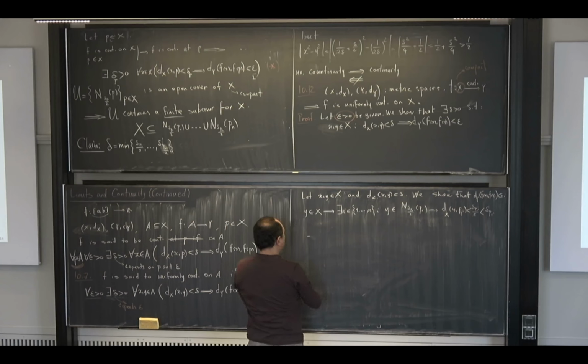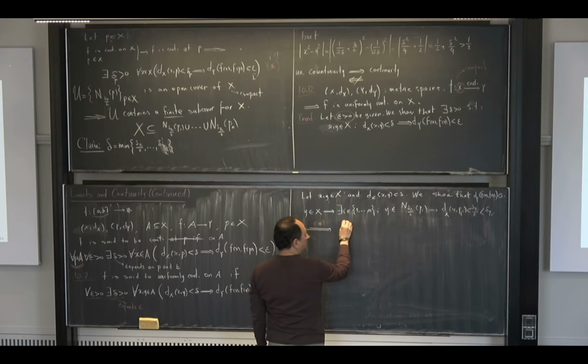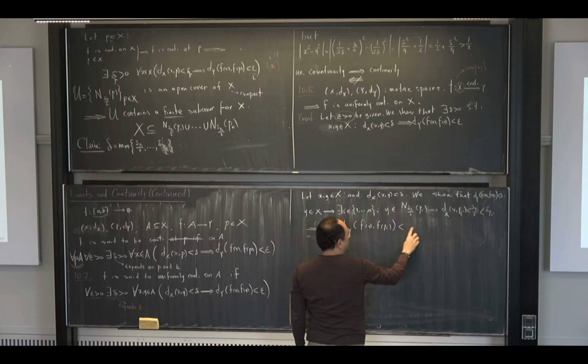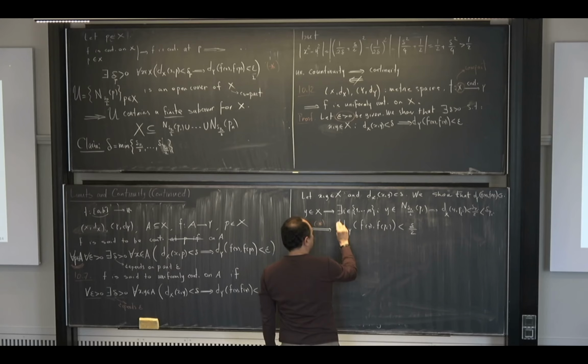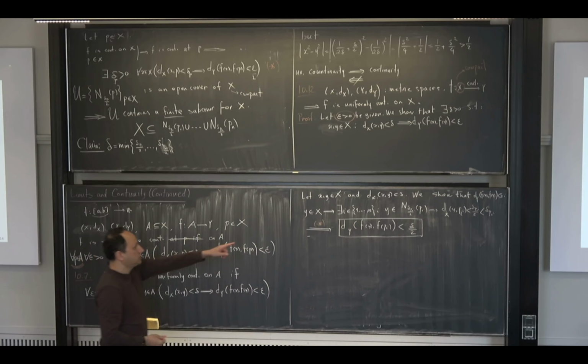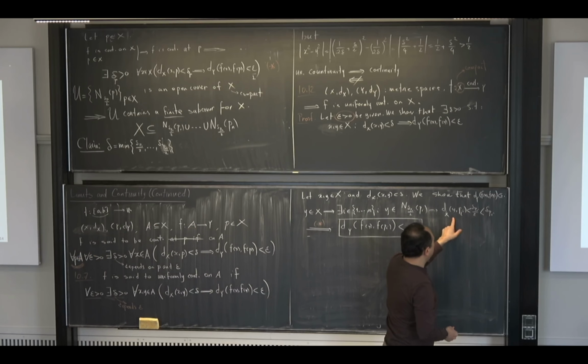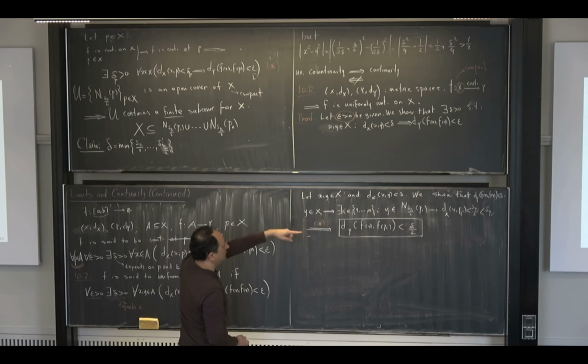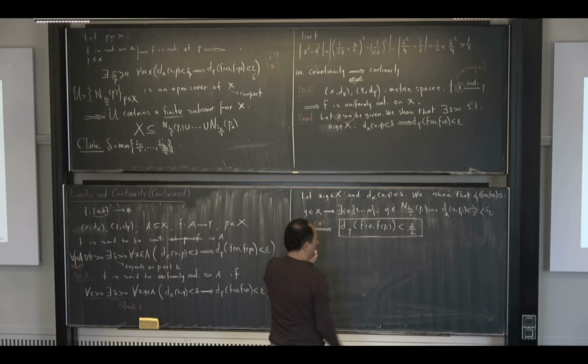By star, I will have d_Y(f(y), f(p_i)) is less than epsilon over 2. Yes, because of this condition, using the star, which is correct for every delta_p, including delta_{p_i}, I can conclude this.